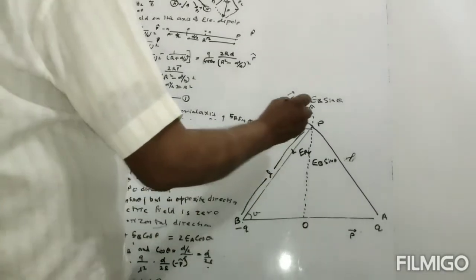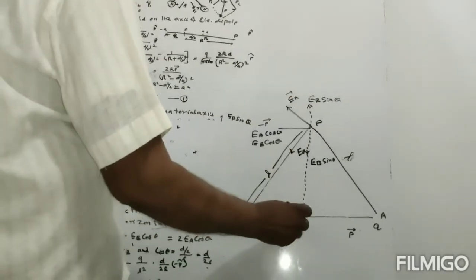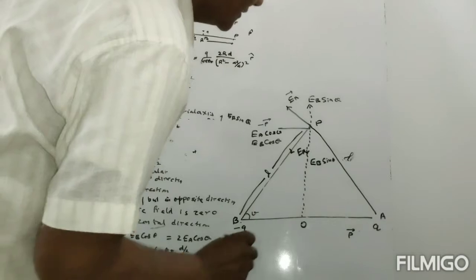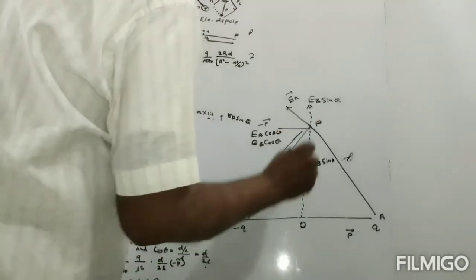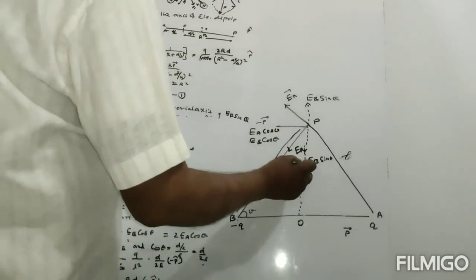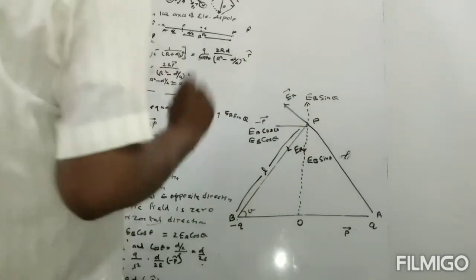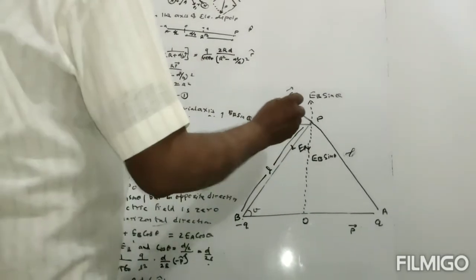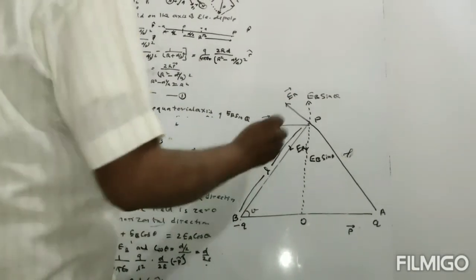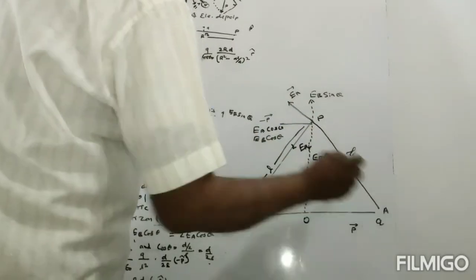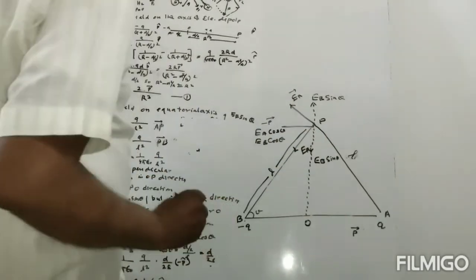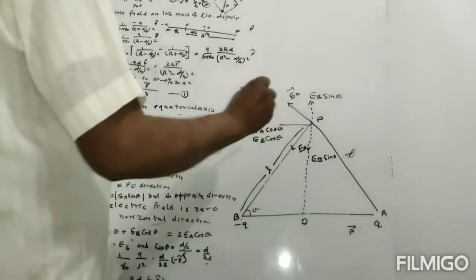We consider a point P which is at a distance L. Now AP and BP are equal and that is equal to L.